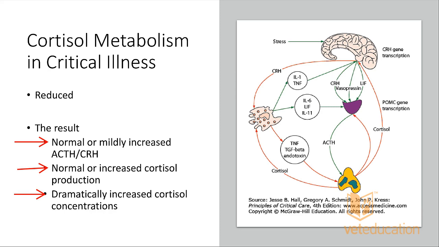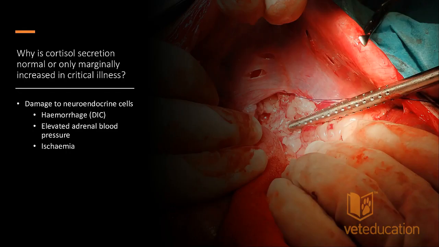So up till now, what we have is lots of stimulation to produce cortisol. We have massively increased cortisol concentrations, but our ACTH and cortisol production levels are actually not that high. That's what we should expect. So if we've got all the stimulus to secrete cortisol, why is cortisol secretion only normal or only marginally increased in critical illness? Well, it's because of a whole lot of other things.